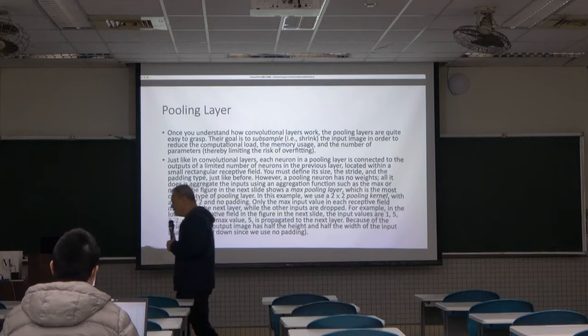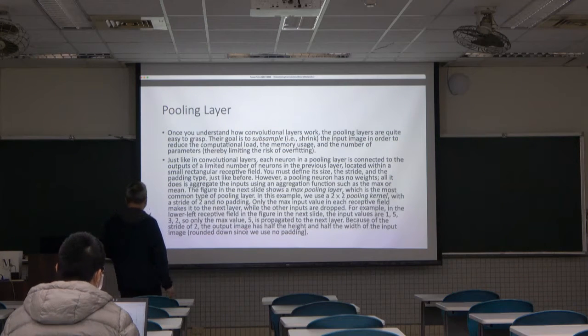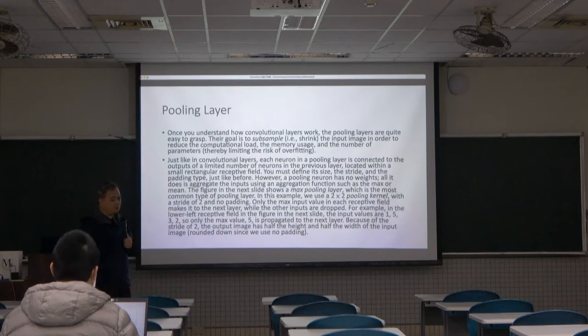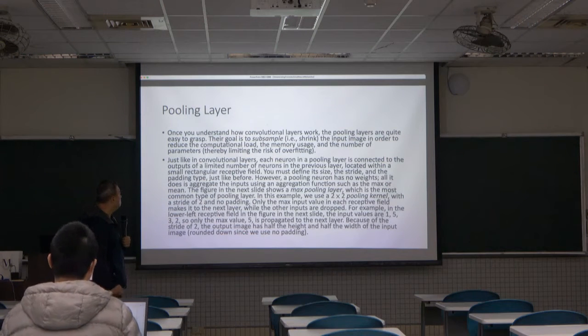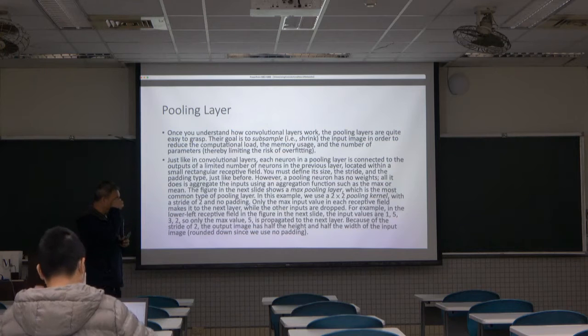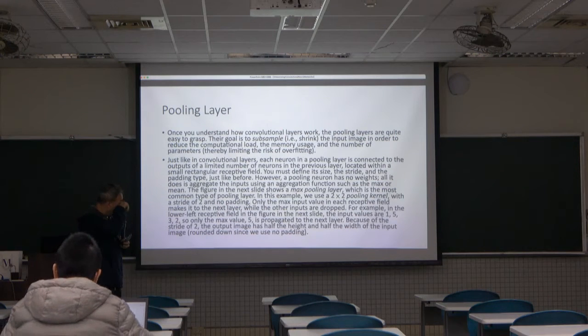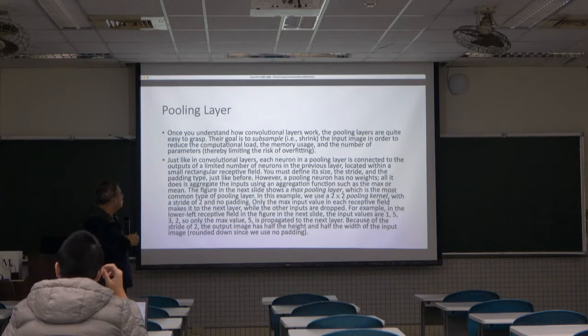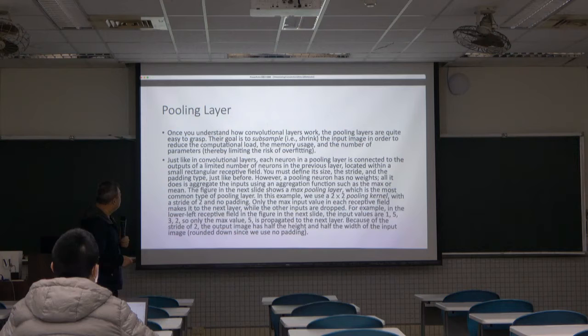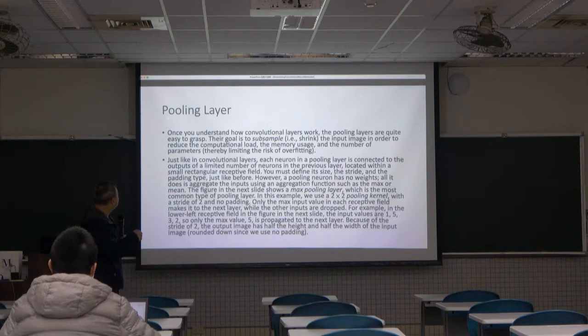Last time, actually two weeks ago, we talked about the convolutional layer in CNN. As I said, there are two important building blocks of CNN. One is the convolutional layer. The second one is the pooling layer.